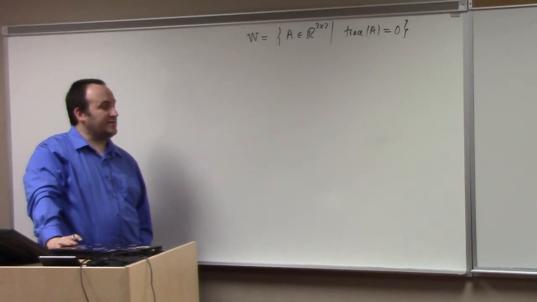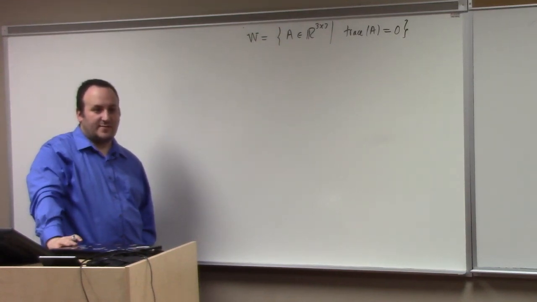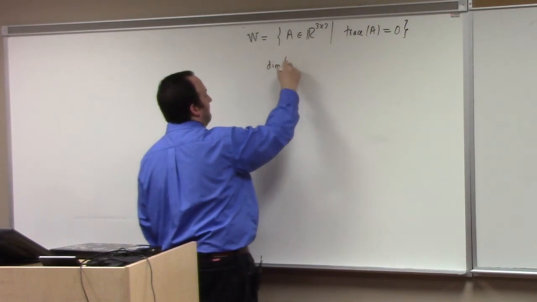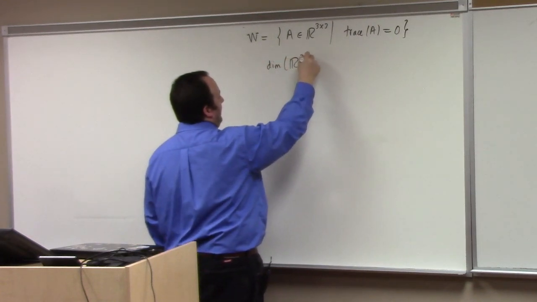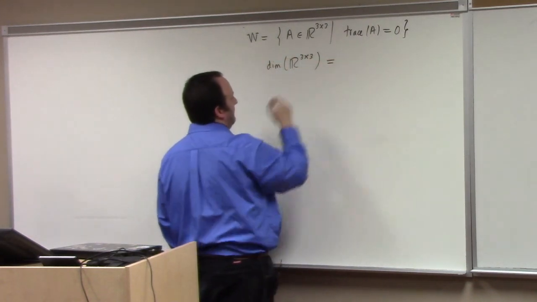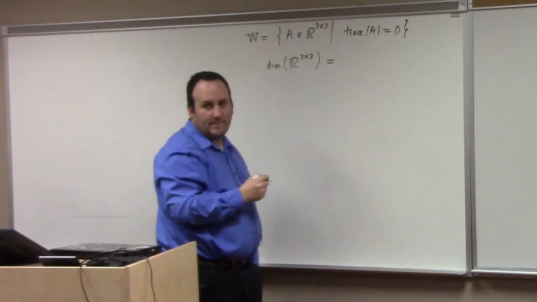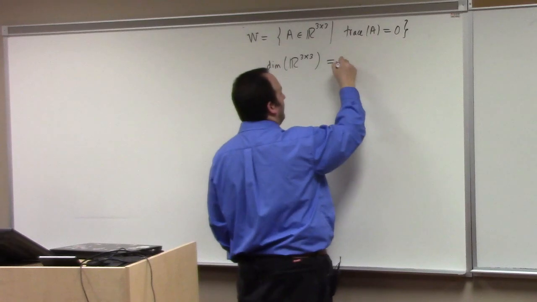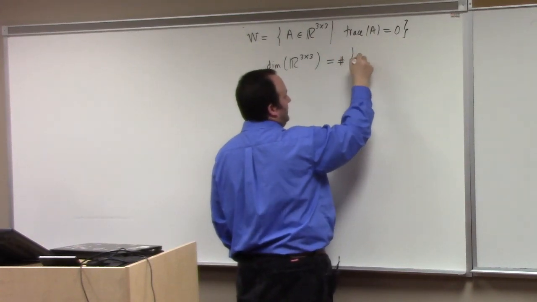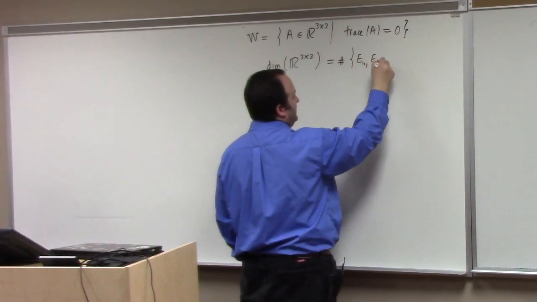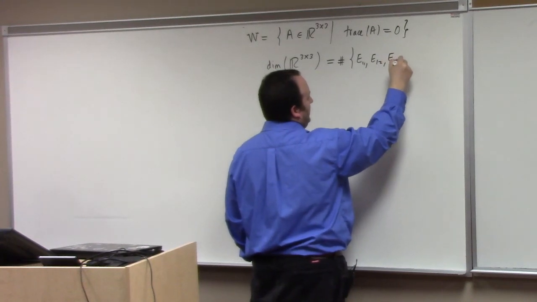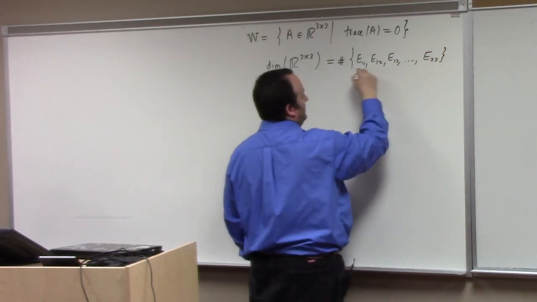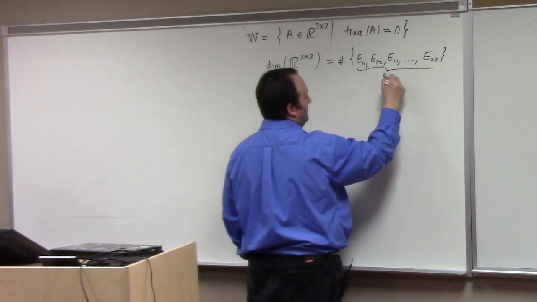How big is R3 by 3 as a vector space? What's the dimension of R3 by 3 as a real vector space? What's the basis for R3 by 3? Do you guys remember? E11, E12, E13, and so forth and so on until we get to E33, right? 9 of these.